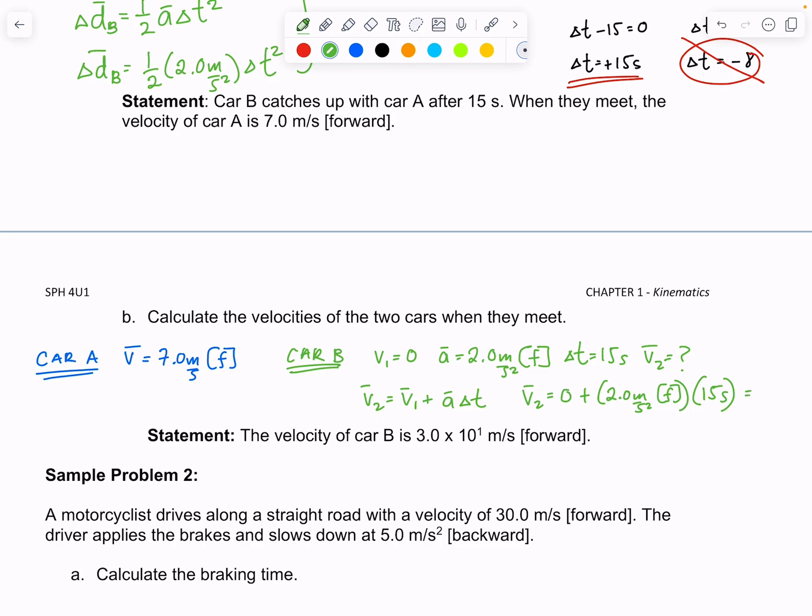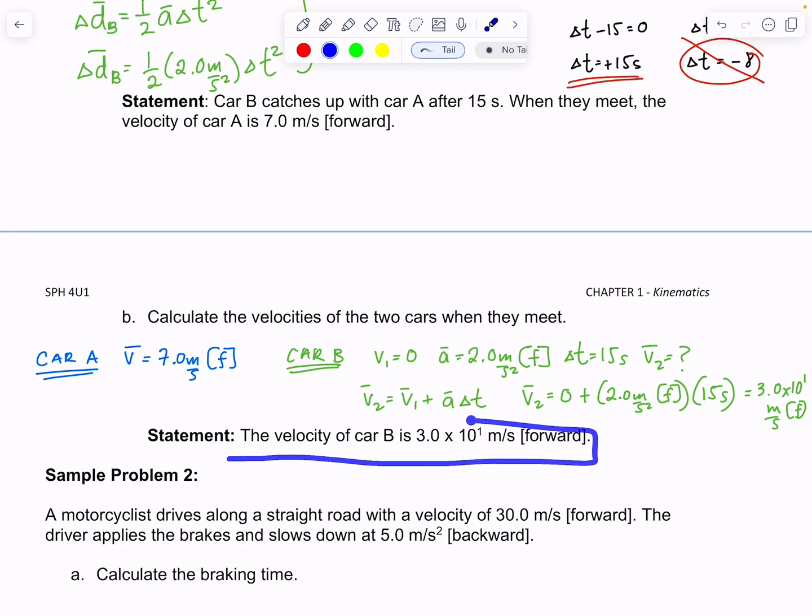If we write 30 to two significant digits, we end up with 3.0 times 10 to the power of 1 meters per second forward. So our statement is the velocity of car B is 3.0 times 10 to the power of 1 meters per second forward, and the velocity of car A remains at a constant 7 meters per second forward.